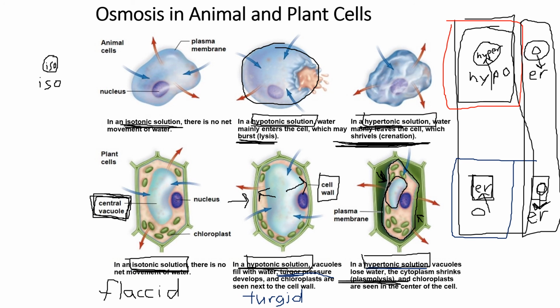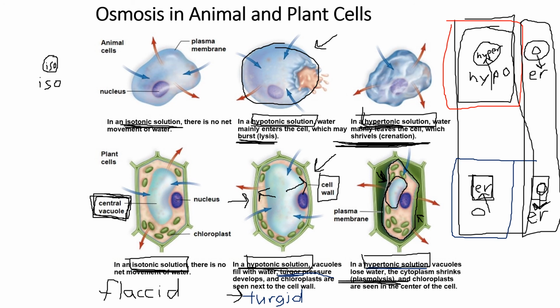So that direction is the same. But due to the cell wall, there are some differences. An animal cell in a hypotonic solution could burst. A plant cell will not burst. In fact, it is turgid, and that turgid pressure makes a plant pretty happy.